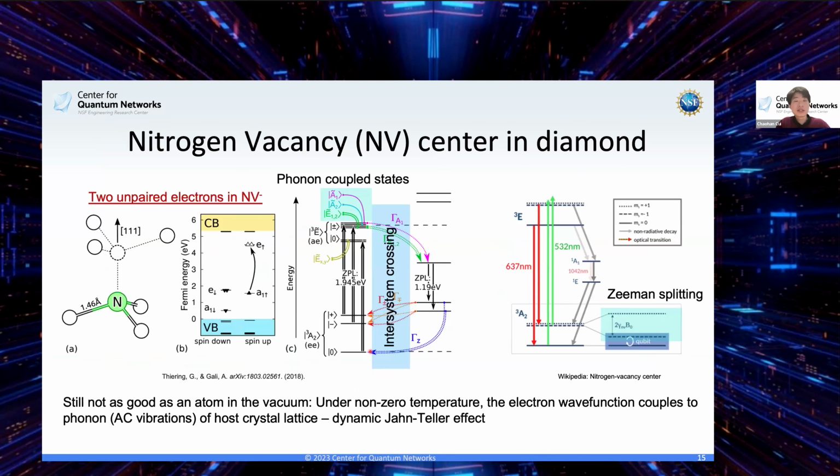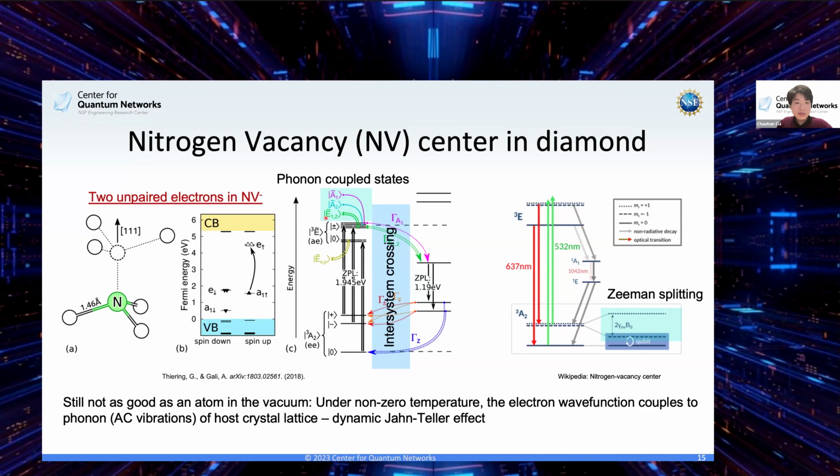For the nitrogen vacancy center, the structure is quite simple. One carbon atom in the original diamond lattice is replaced by a nitrogen atom, and another carbon atom is missing. See, this is not symmetric if you flip it, so it has a really large dipole.